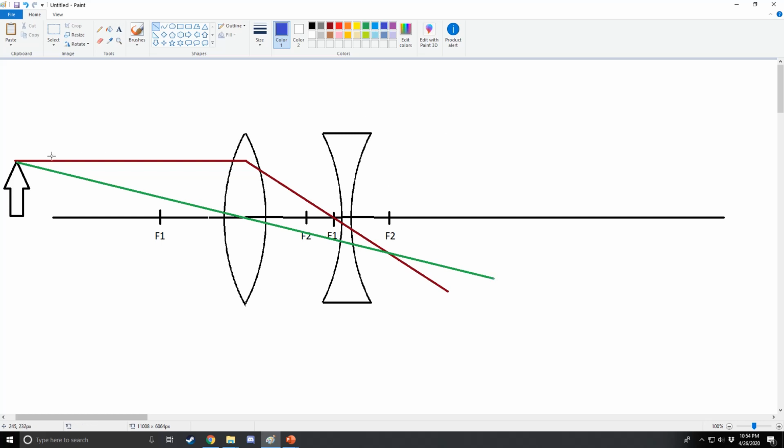And then the last ray through the focal point, and then parallel. All right, so right about here, this is where my object is going to be placed. So far everything makes sense.